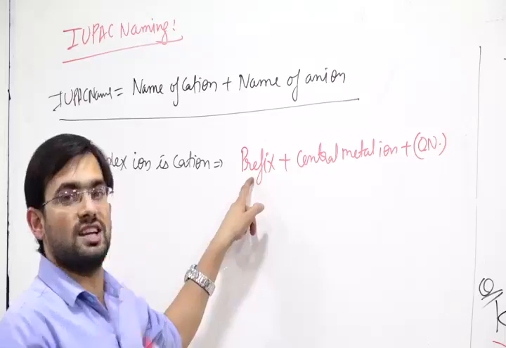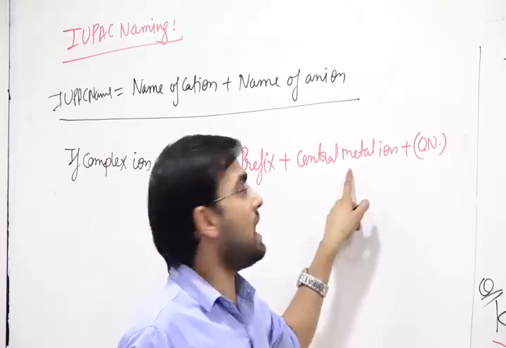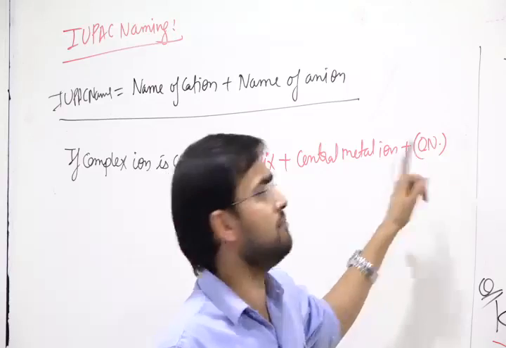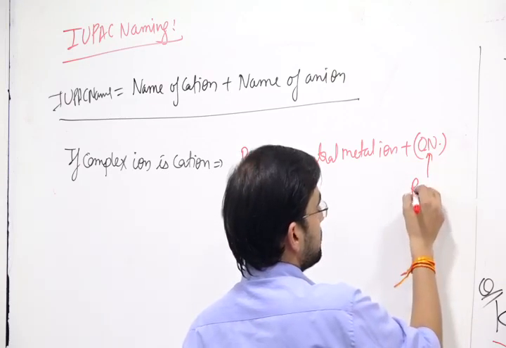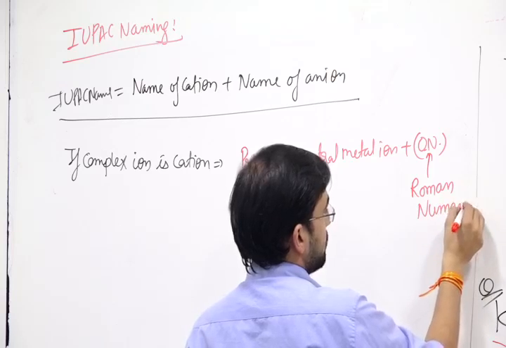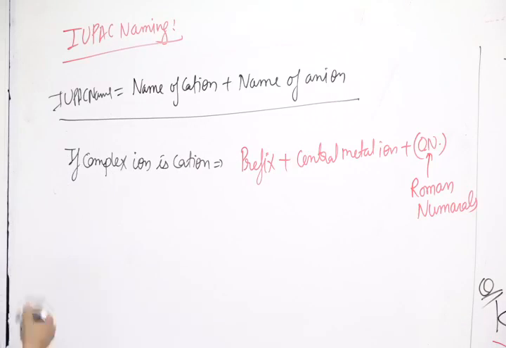Prefix means all those ligand names. Central metal ion is metal, iron, nickel, and the oxidation number in Roman numerals. This is important.